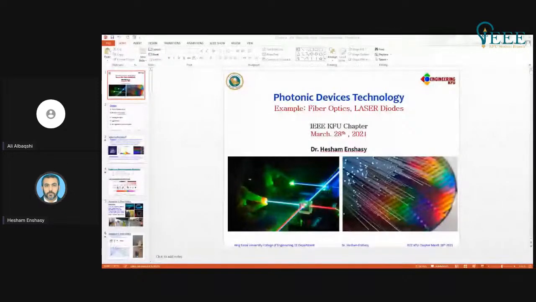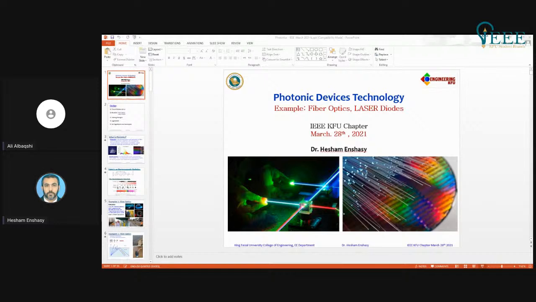Photonic devices, however, are components for creating, manipulating, or detecting light. So the photonic devices are devices or components that will generate or create light, manipulate the light, or detect the light, and these can include laser diodes, light emitting diodes, solar panels, photovoltaic cells, displays, optical amplifiers, and I add cameras, fiber optics, and so on.